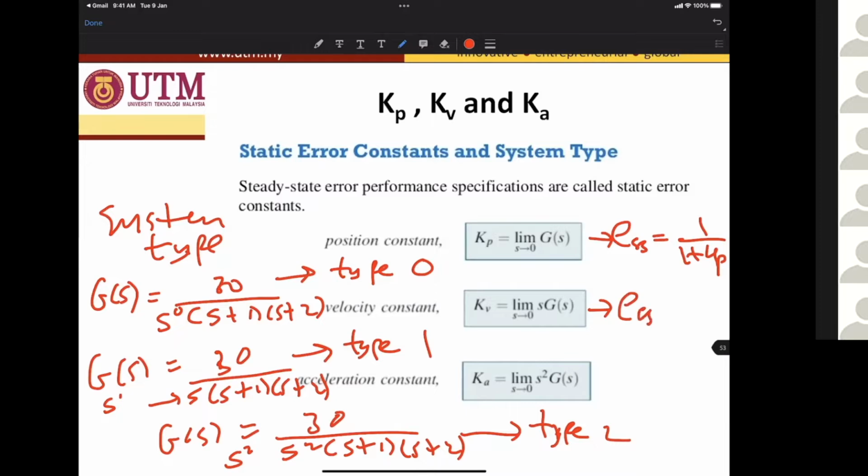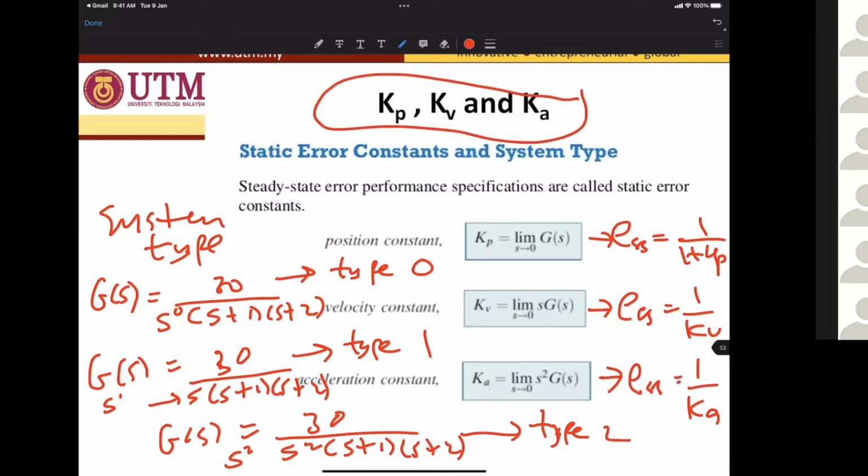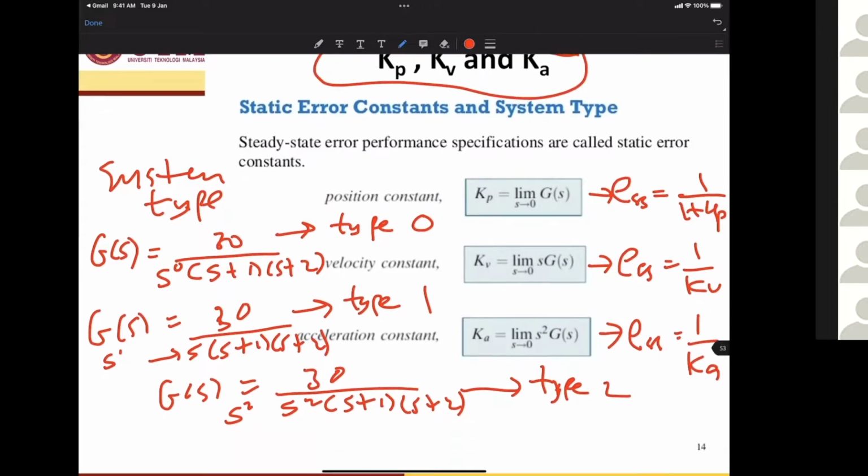Jadi ESS dia adalah 1/KV. Dan untuk type 2, kira KA dulu, KA is equal to limit S to 0, S square GS. Jadi errornya adalah 1/KA. Tolong ingat ni. Ini penting dalam design, dalam frequency domain dan dalam time domain as well.